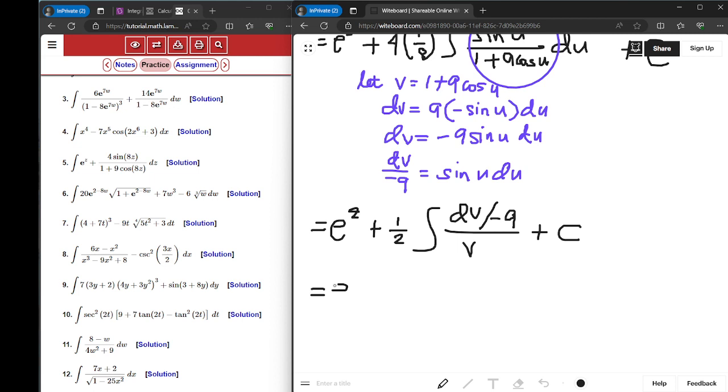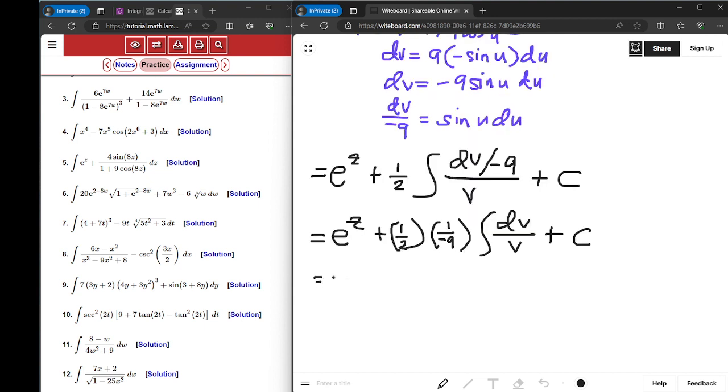Then this will become e to the z, minus, since you have here negative 9. Let's just write it step by step. So it becomes times 1 over negative 9 times the integral of dv over v plus c.